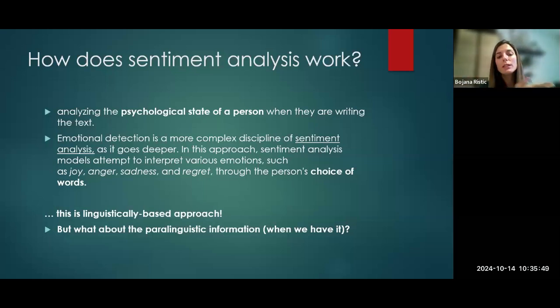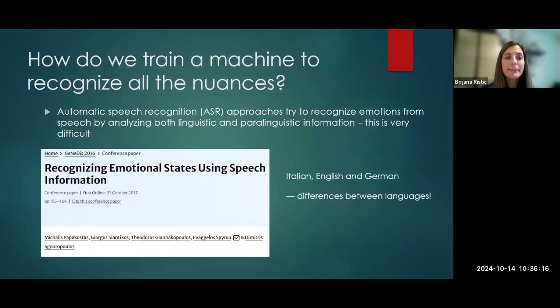We lost all this paralinguistic information, right? So, of course, people who are working in machine learning and artificial intelligence figured that out. And they said, how about we try an approach to understand people's emotions and attitudes towards things? How about we try to analyze not written speech, but actually the pronounced speech, right?